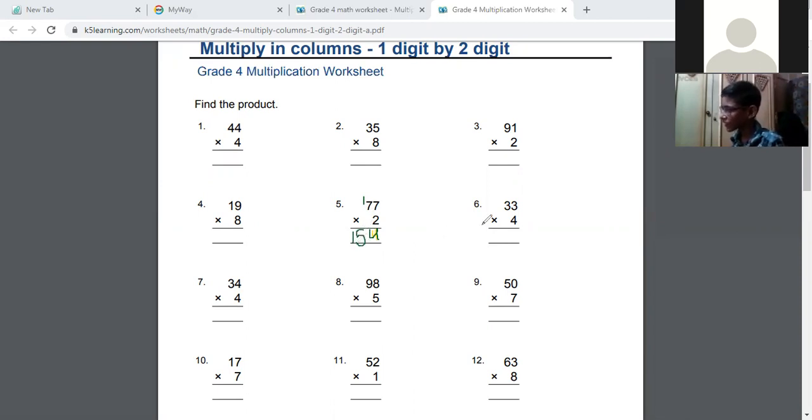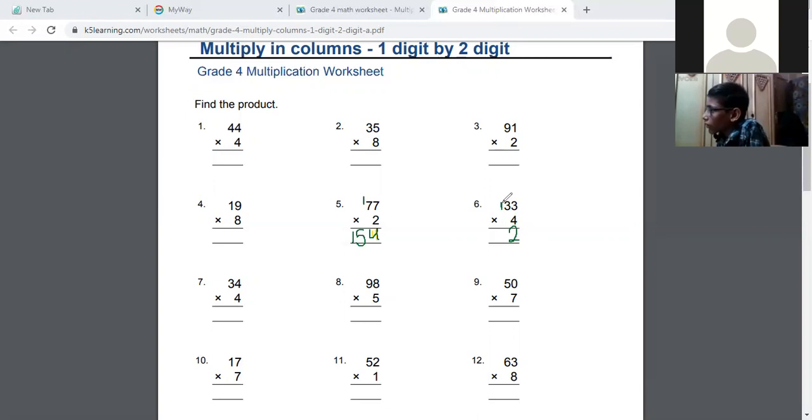Now you will tell me, read the table 4 with 3. 4 ones are 4. 4 twos are 8. 4 threes are 12. 2 we will write here. 1 we give carry.